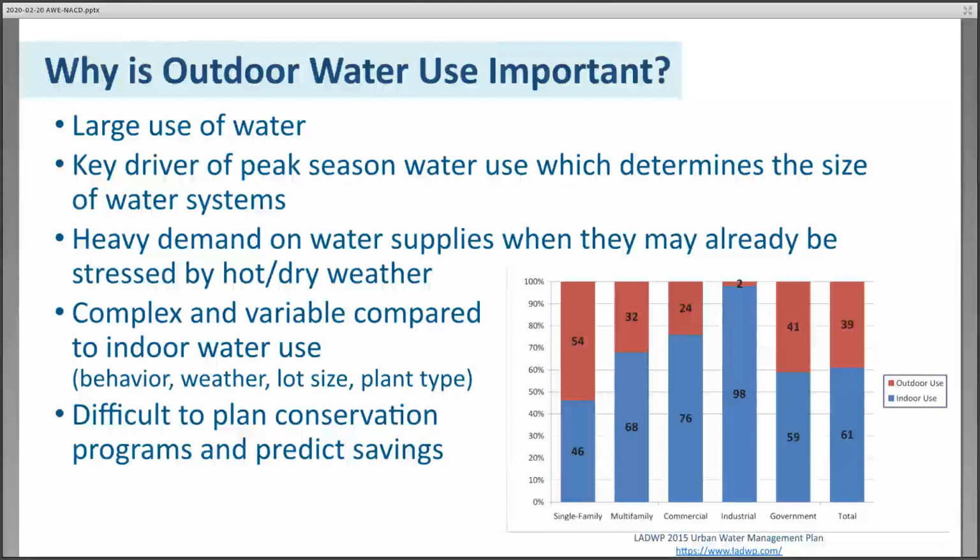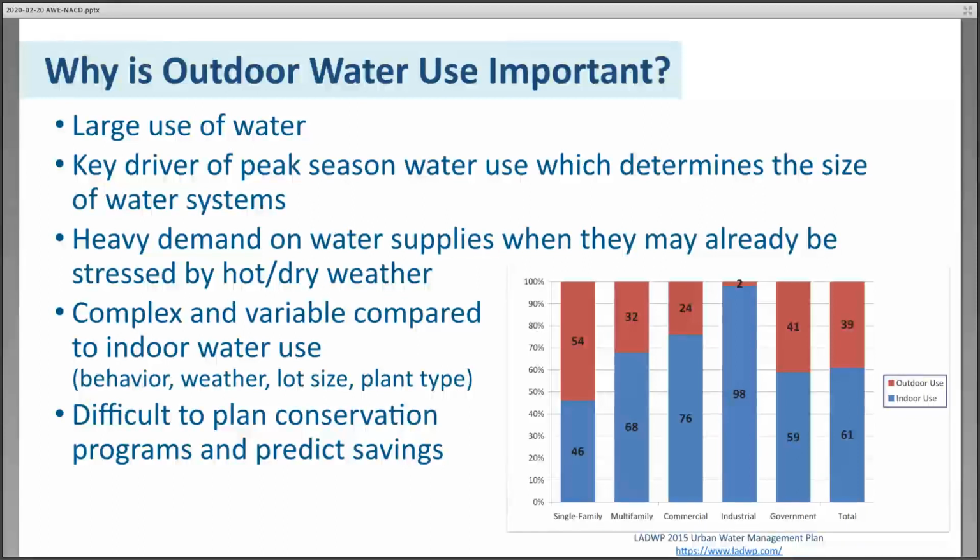So why is outdoor water use important? Why is this such an important topic and makes up such a large part of our strategic plan? Well, it represents a very large use of water. The chart in the lower right-hand part of this slide is from Los Angeles. If you look at the first bar on the left-hand side of that chart, it shows that outdoor water use makes up 54% of their single-family customers' water use.